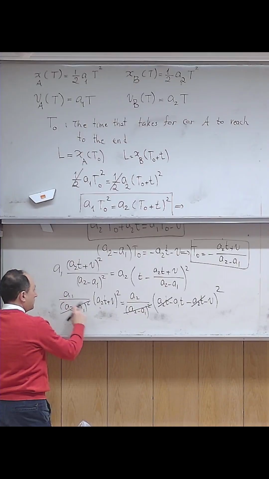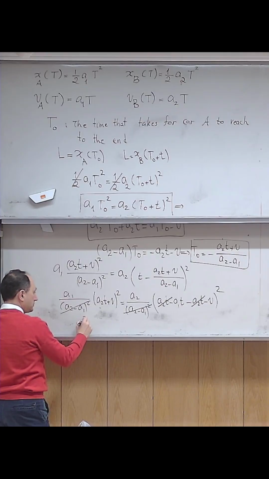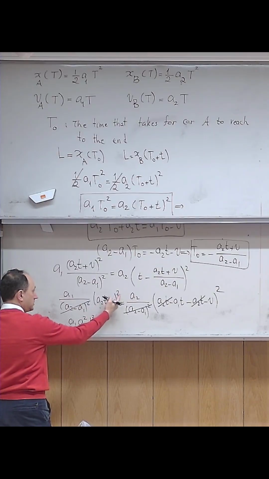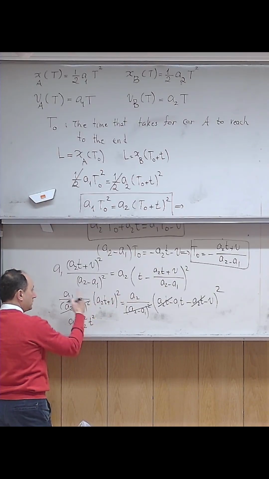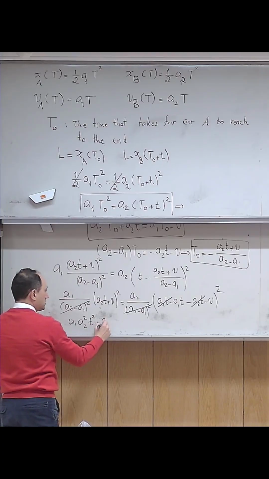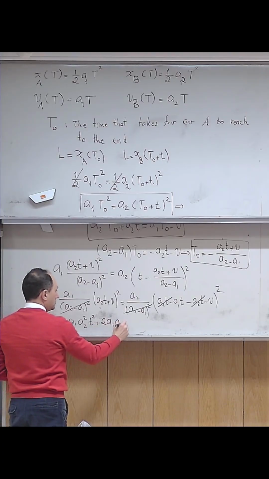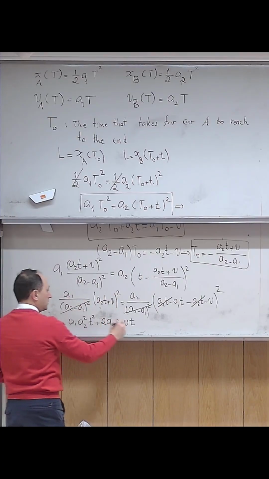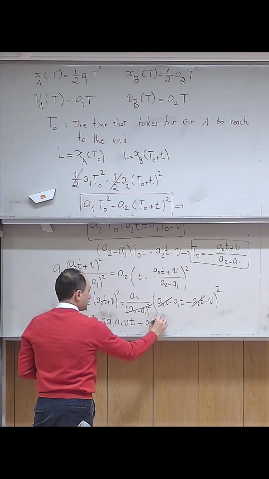So I would raise it to power 2, so it becomes A1 squared, A2 squared T squared. But A1 will be multiplied in, so it becomes this expression: 2 times the first one times the second one, multiplied by A1, so it becomes 2A1A2VT. And the second one squared multiplied by A1 becomes A1V squared.